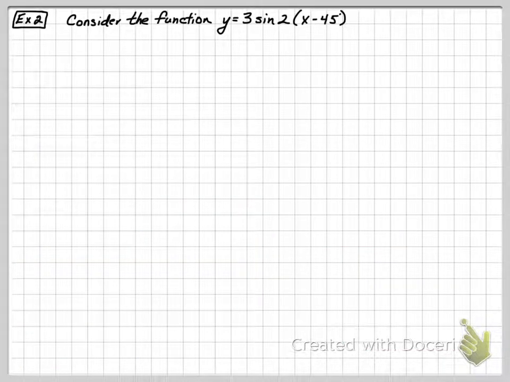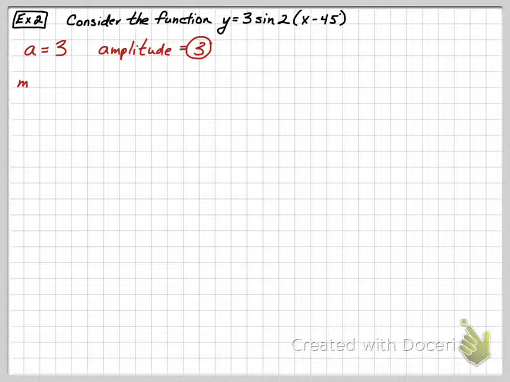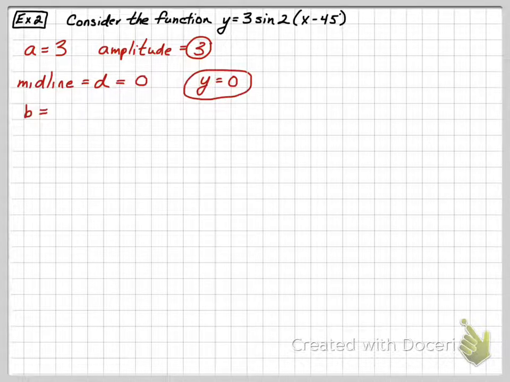In example 2, we're going to look at the function y equals 3 times the sine of 2 times (x minus 45 degrees). So again, we're going to be in degree mode. A is 3. That means our amplitude is 3. Our midline is at 0 because there's nothing after the c value.